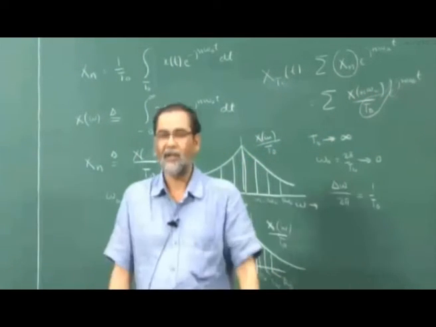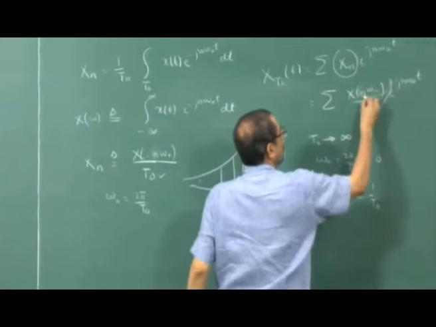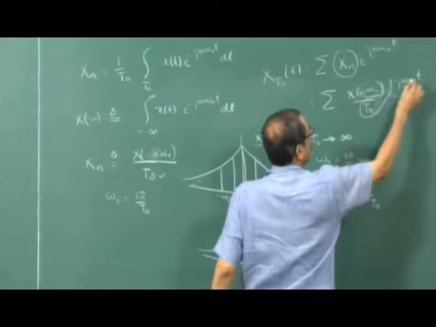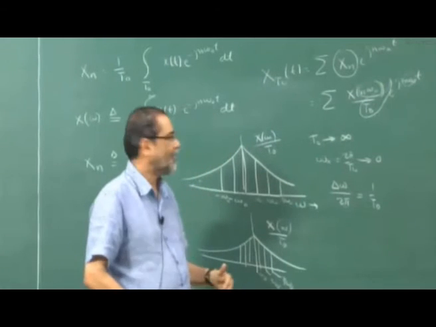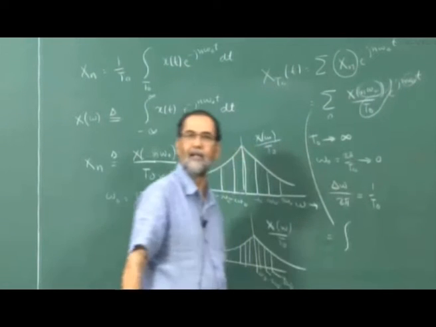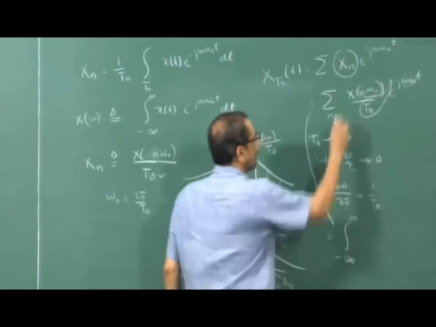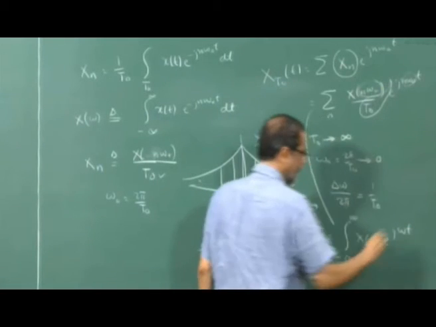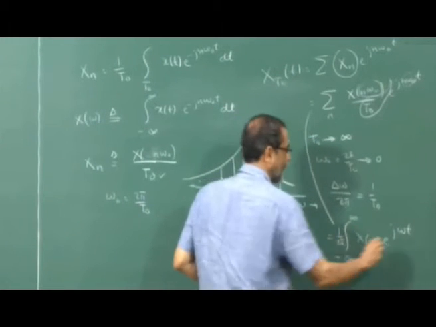And in this case, omega naught becomes extremely small, so n omega naught becomes a continuous variable. So I'm saying as T naught approaches infinity, this summation over n becomes an integral, from minus to plus infinity, of X of omega, e raised to j omega t, and there is a 1 by 2 pi that you can bring out, into d omega.